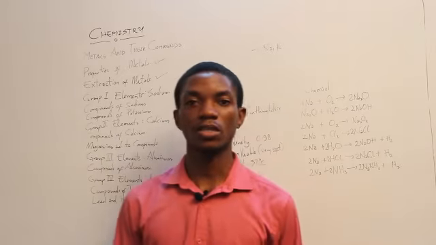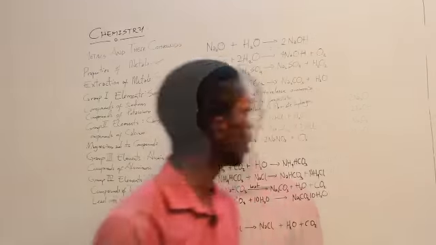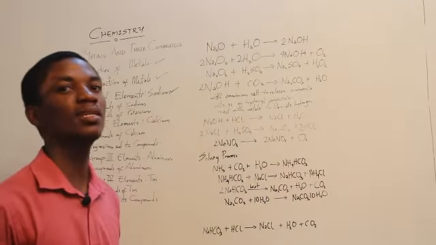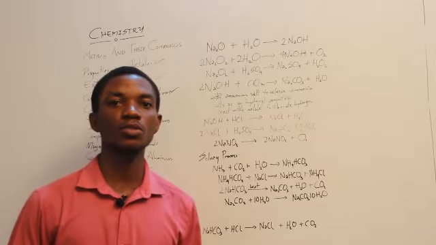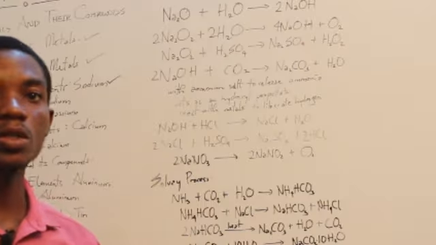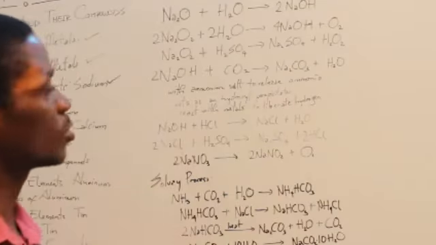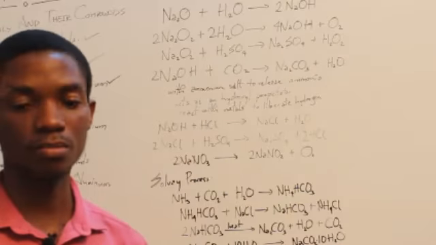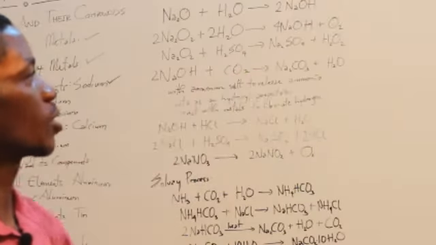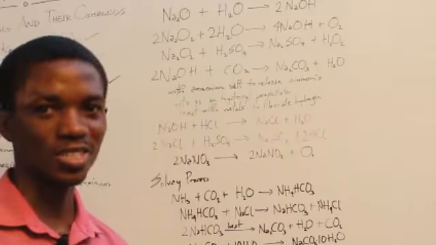Alright, let's look at the compounds of sodium as we go on. Sodium can form many different compounds depending on what it reacts with. The first one we'll consider is sodium oxide. Sodium oxide is produced simply by burning sodium in air. Sodium oxide reacts with water and produces sodium hydroxide.